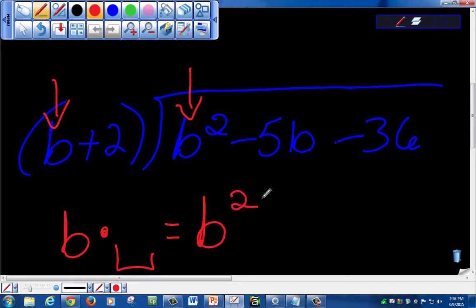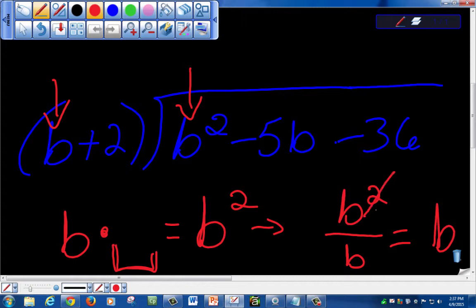Now, if we divide both portions to solve for this missing variable, we do b squared divided by b equals just b, because there's an invisible one right there, so they both cancel and your solution is b.